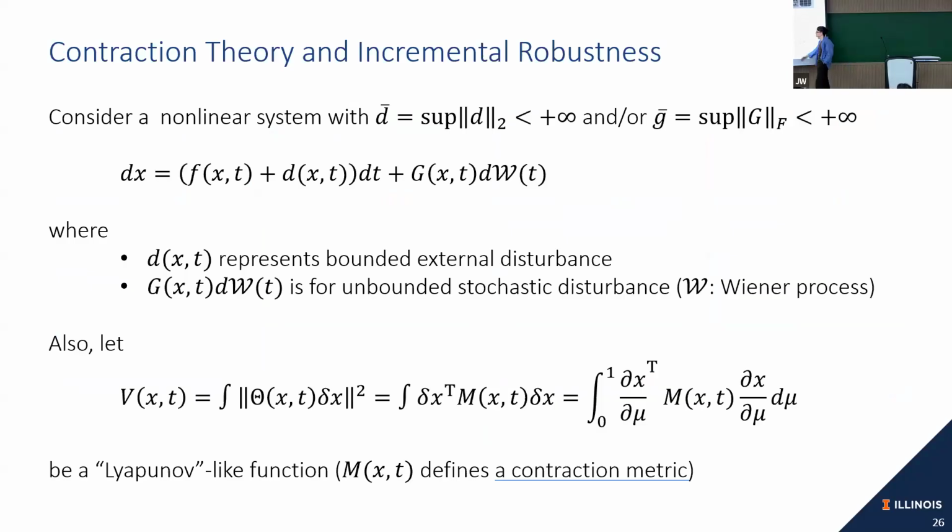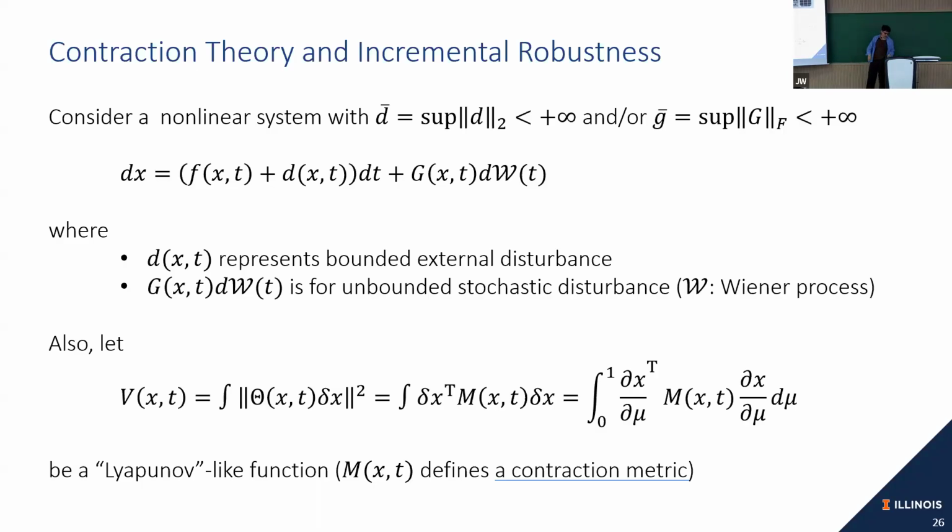And you have two types of disturbances. First, d represents the bounded external disturbance. The second one, the stochastic disturbance, can be unbounded with some known distribution. Basically, this represents a Gaussian sort of disturbance in a continuous-time sense.